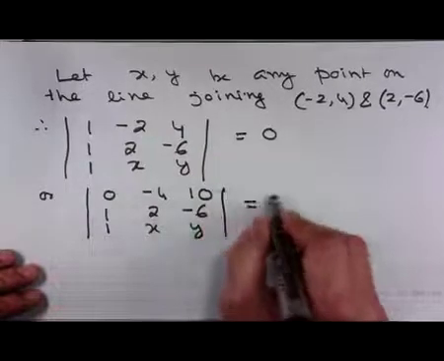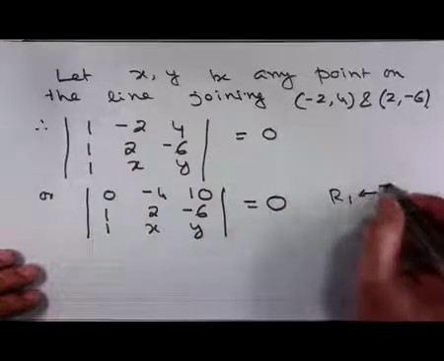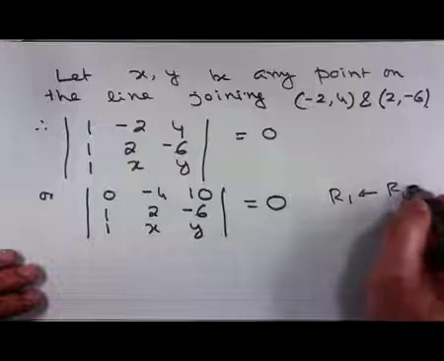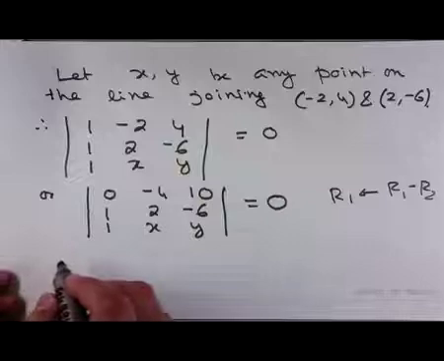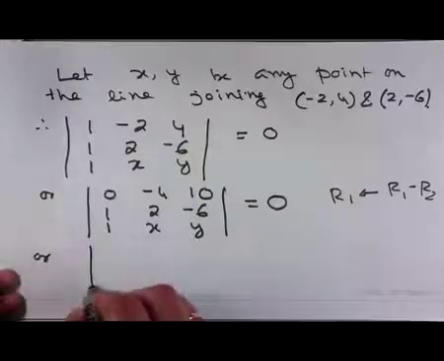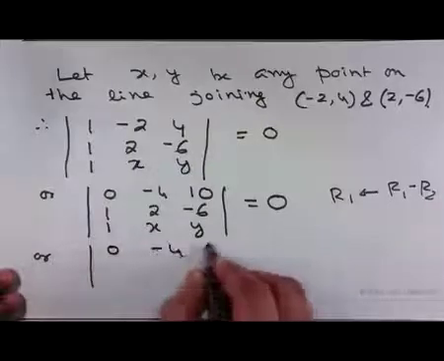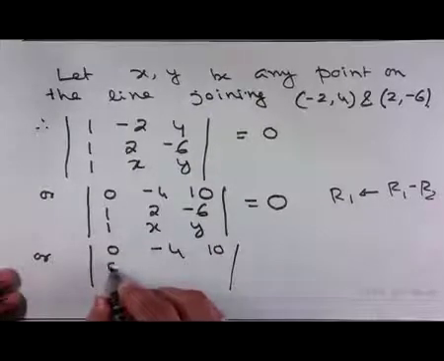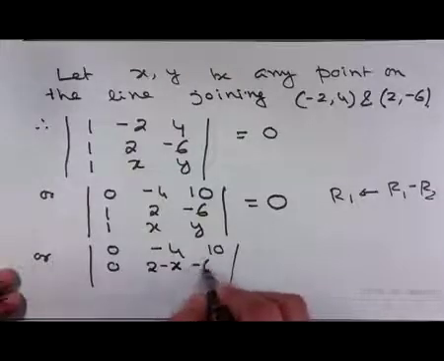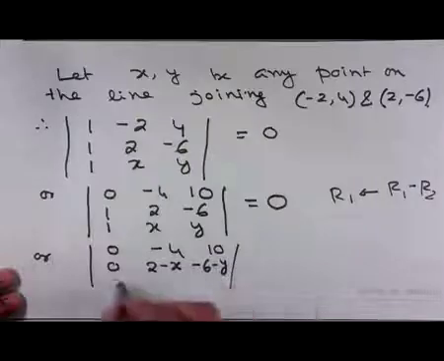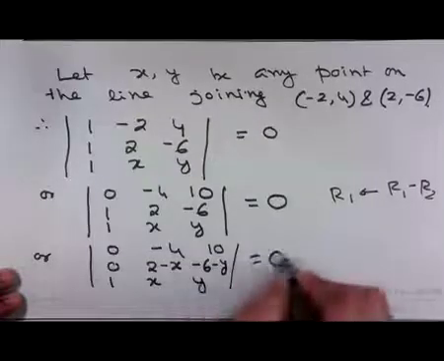This determinant is equal to 0 by making R1 replaced by R1 minus R2, or the determinant of [0 -4 10; 0 2-x -6-y; 1 x y] is equal to 0.